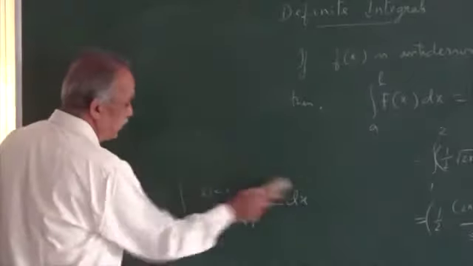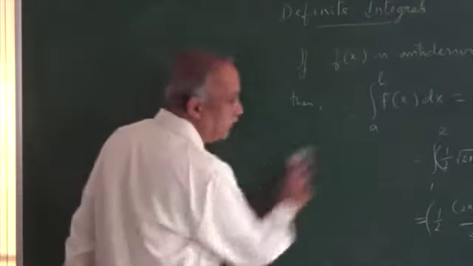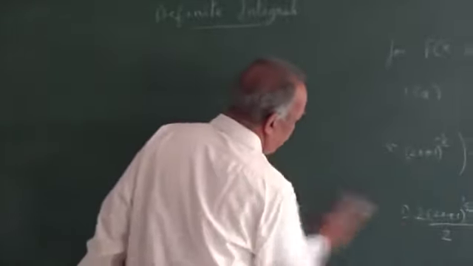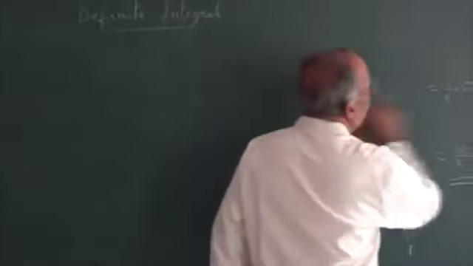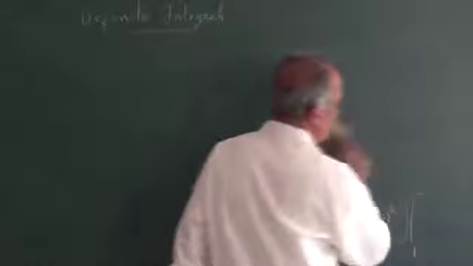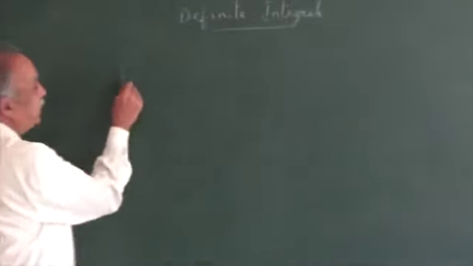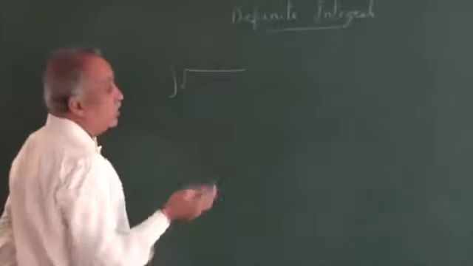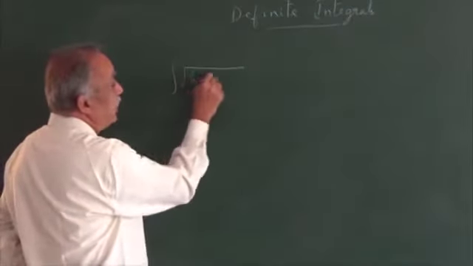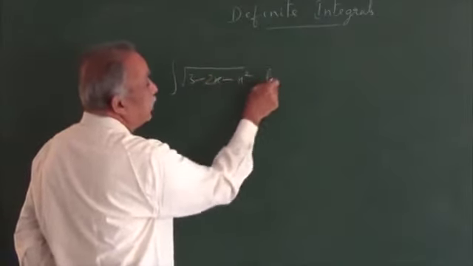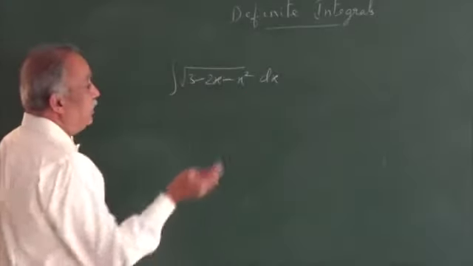Employing the same procedure, we can solve several definite integration problems. Suppose you want the integral of, say, 3 minus 2x minus x square with respect to x between the limits.